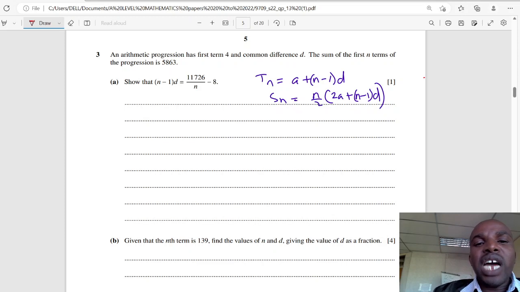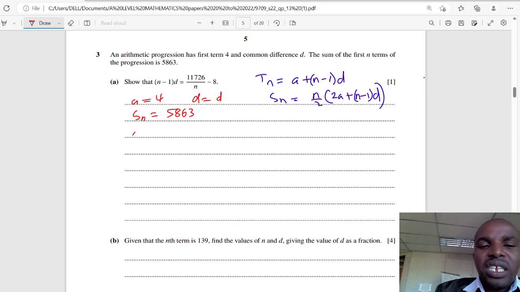So you are given that the arithmetic progression has first term 4, so a equals 4, and common difference d. The sum of n terms, which means Sn, is 5863.